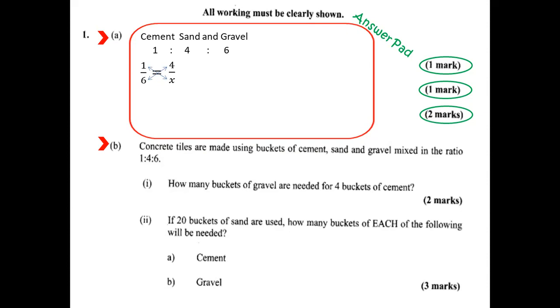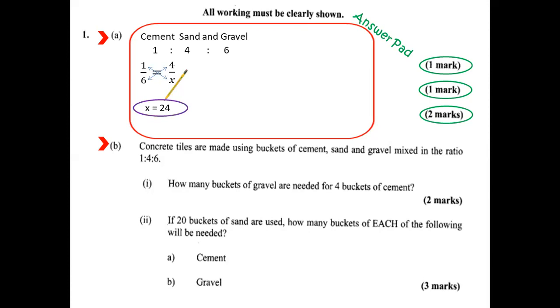Some people would say, what converts 1 to 4? 1 times 4 is 4. That means you must multiply the 6 by 4 as well. If you're not going to remember that, or you're not reasoning it that way, just do a cross multiplication here. So 1 times x is x and 6 times 4 is 24.